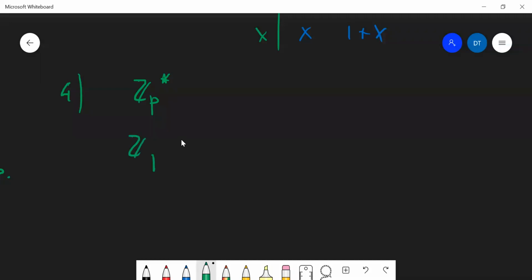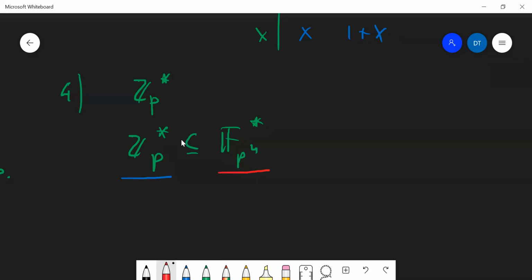But Zp is a subfield of Fp^n for any n. In particular, the invertible elements form a subgroup here. And if it's hard to solve the discrete logarithm problem here, then it's hard to solve in a larger group.